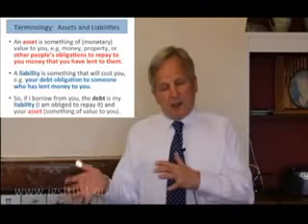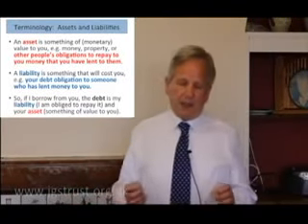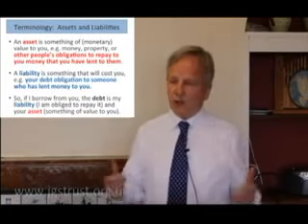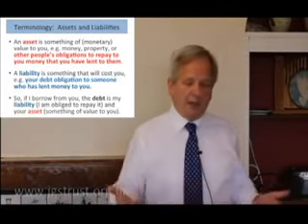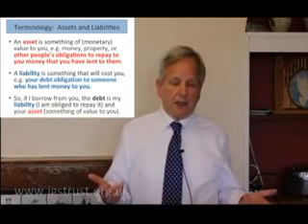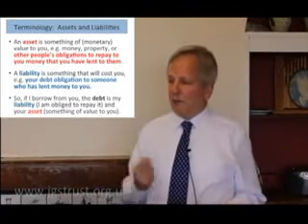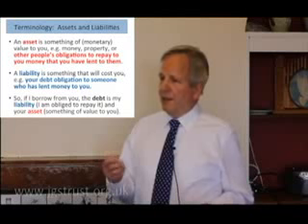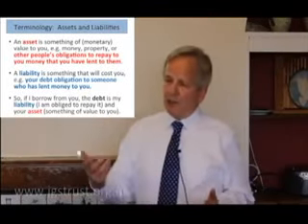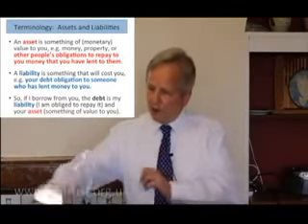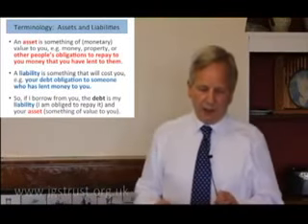Conversely, on the other side of that equation, there are liabilities, and that's something which is going to cost you. You have an obligation to somebody else to pay them money back at some time. So if I borrow money from you, there's a dual aspect to that debt. It's my liability because I owe you, and it's your asset because you have a claim on me in the future.